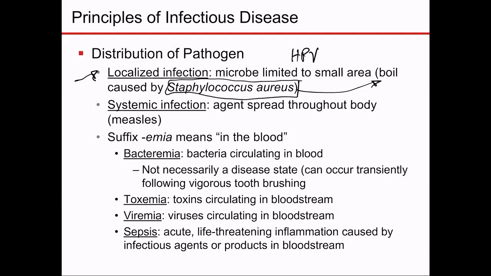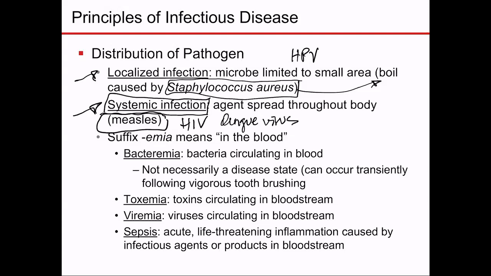Those are localized infections. Now, systemic infection means that the pathogen is gaining access to the bloodstream or the lymphatic system, and is now spreading through the body. This is probably one of the best examples. Measles or HIV can also be considered a systemic infection, or dengue virus.